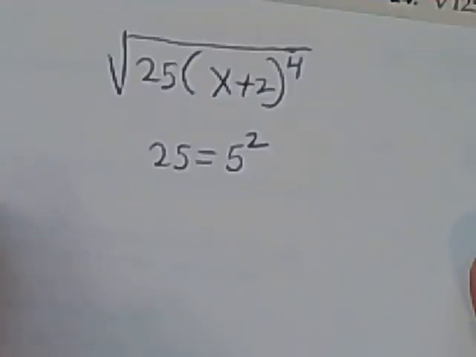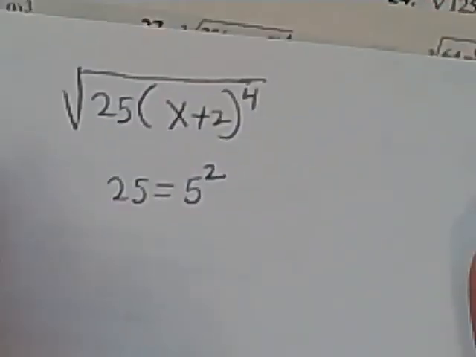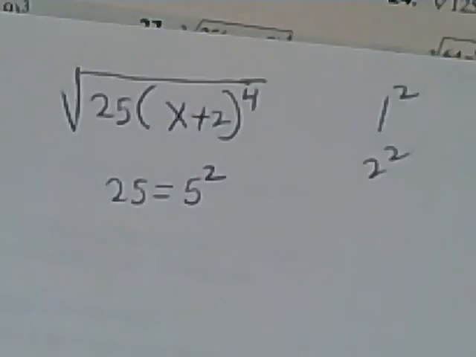And you students should have memorized from your multiplication tables, what is 1 squared? What is 2 squared? What is 3 squared? 4 squared? 5 squared? 6 squared? 7 squared? 8 squared? 9 squared? 10 squared? 11 squared? 12 squared? If you still remember what 13 squared is, that's probably as far as you need to go. And beyond that, use a calculator.